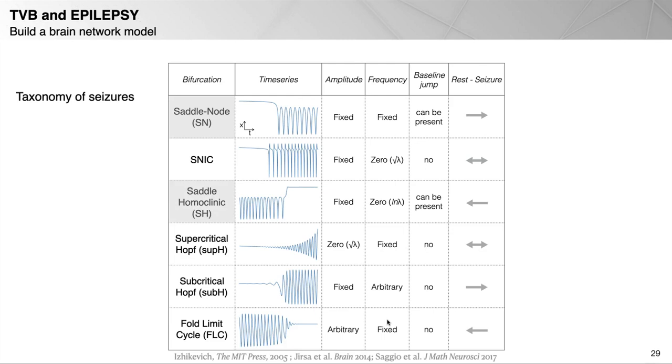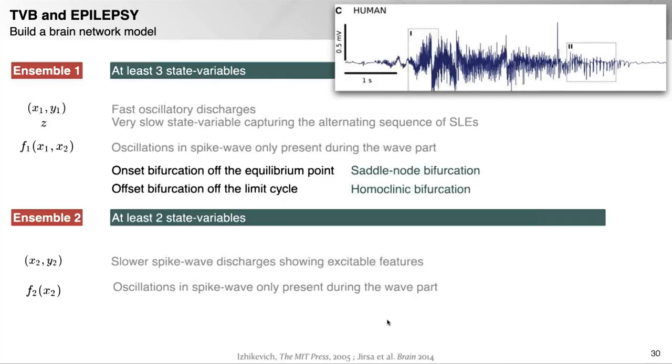So we identify the offset bifurcation as a saddle homoclinic. And this type of saddle node, homoclinic bifurcation class is called the square wave burster.